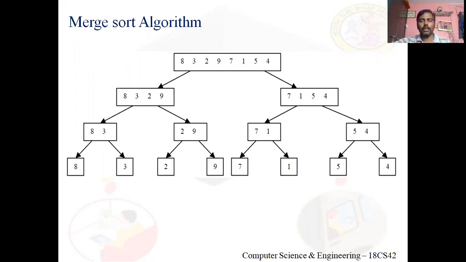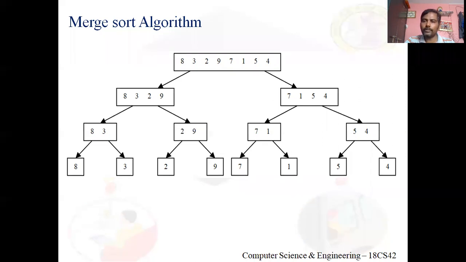Got it? Now for the second subarray of the second level, with 4 elements 7, 1, 5, 4, listen cautiously. At the second level, the second node, the right node of the root node, the lower index is the index of 7, which is 4.